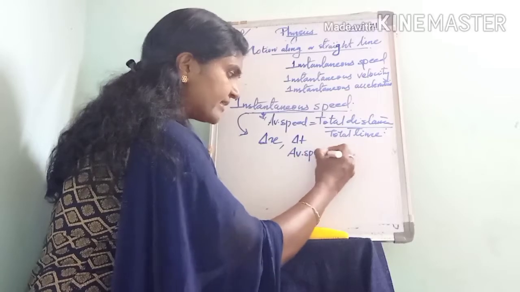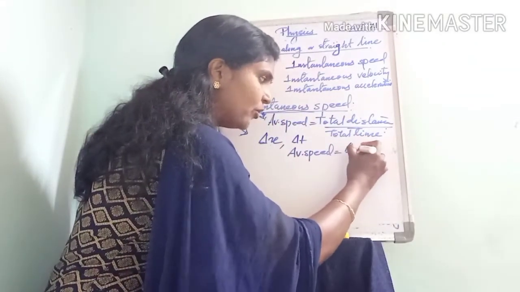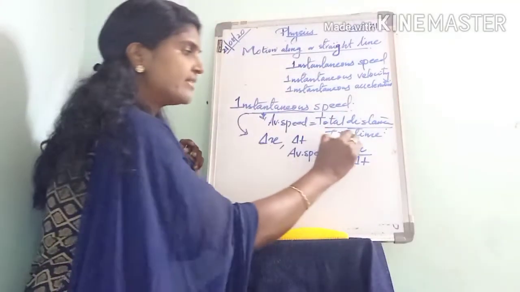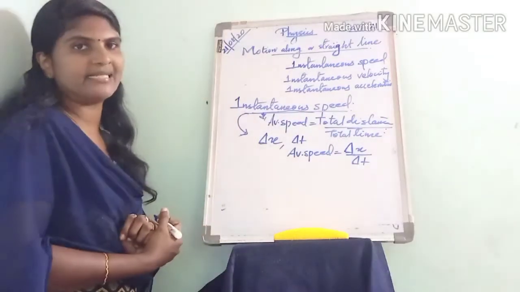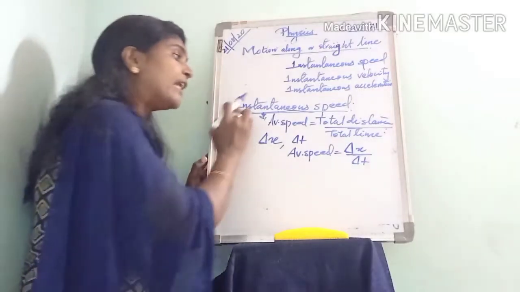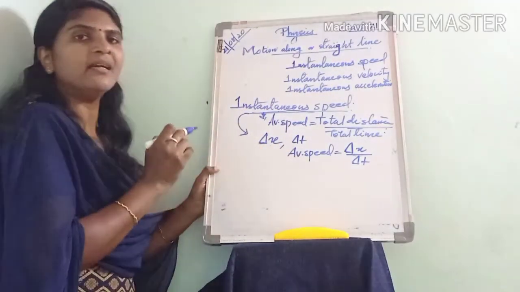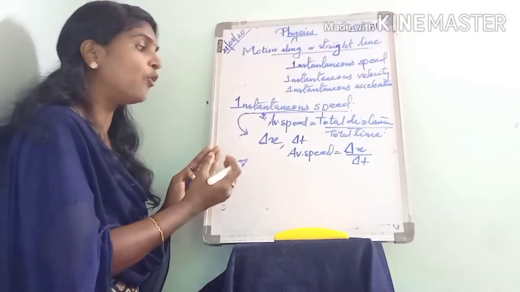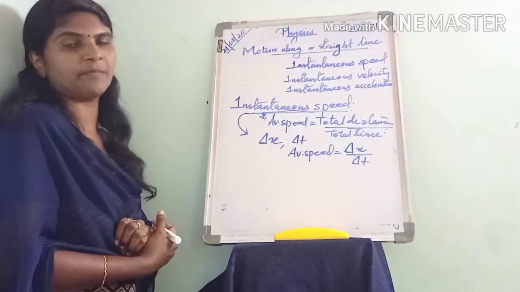Total distance divided by total time, so average speed can be written as delta x divided by delta t. And from the average speed, we can calculate the instantaneous speed. Let's see how.